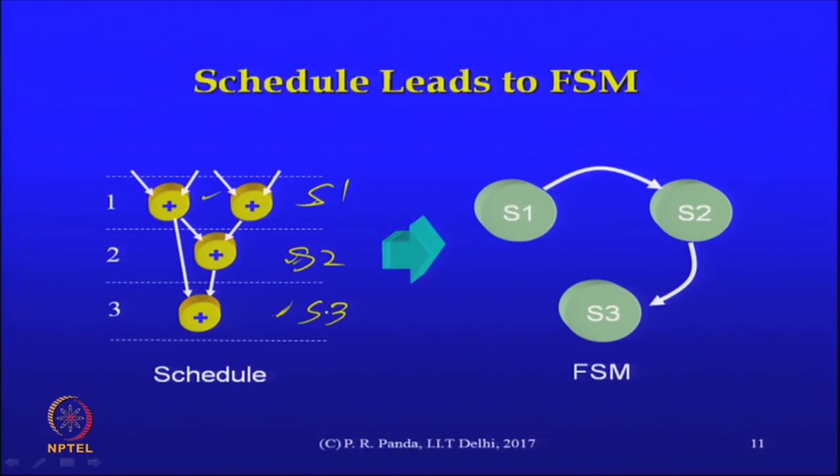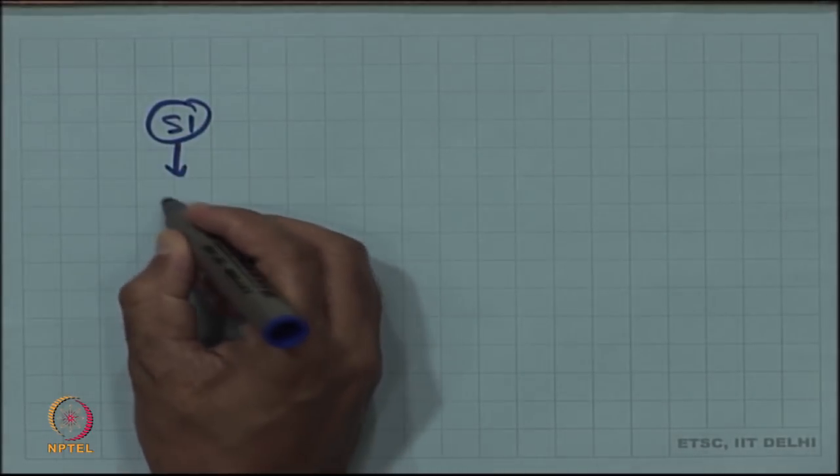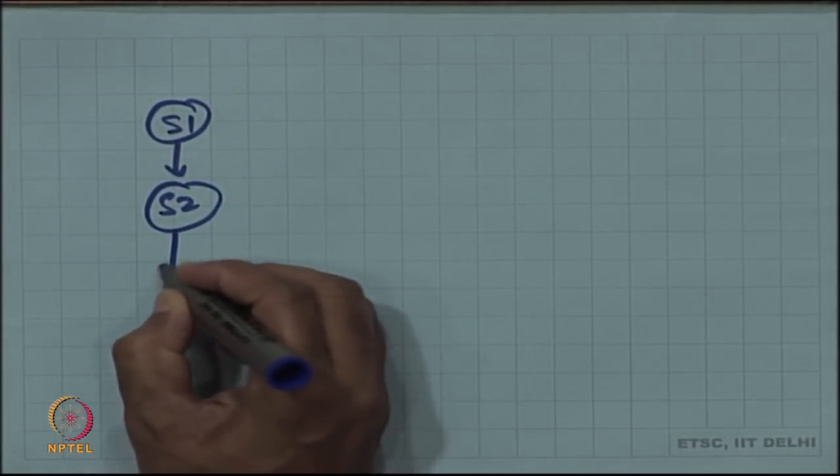So, such a schedule leads in an immediate way to a finite state machine, which of course, we said is one of the main outputs of the synthesis process. This is not the entire FSM, right. So, let us draw that FSM here. I have S1 and S2 and S3.